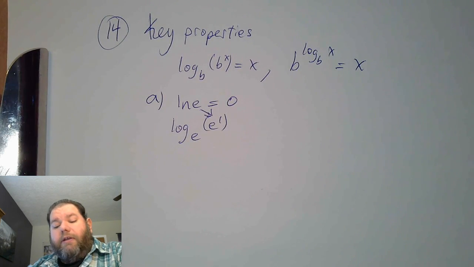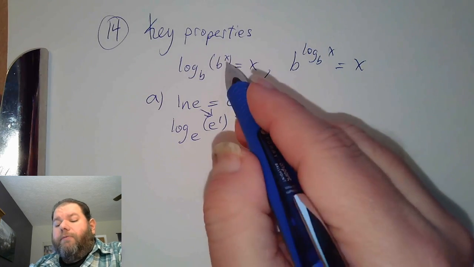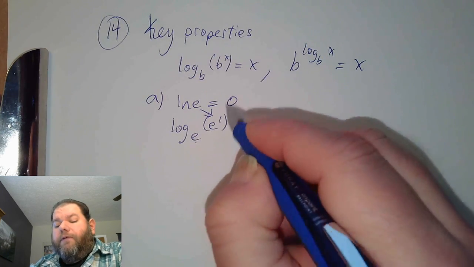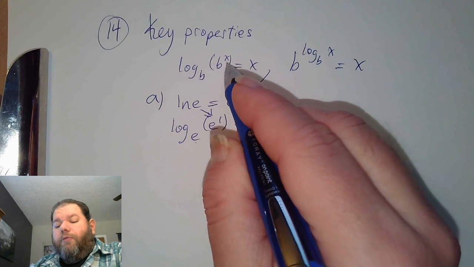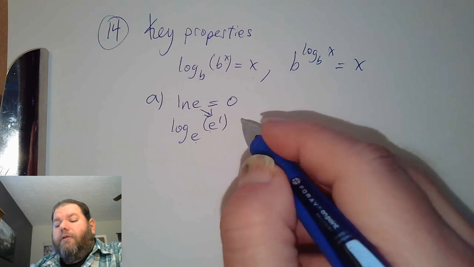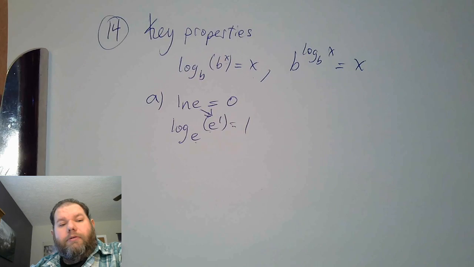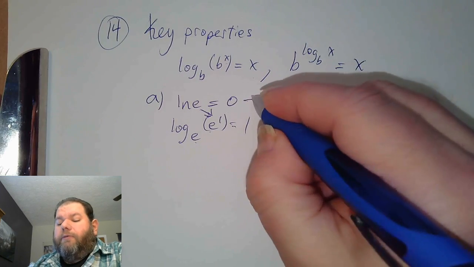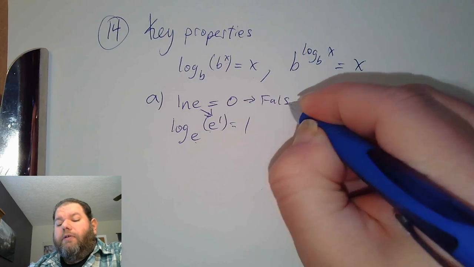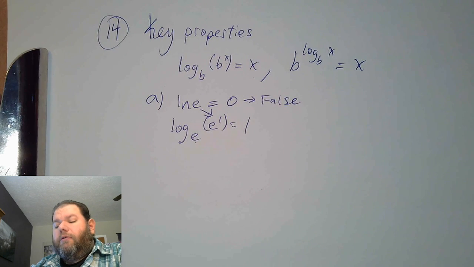Whenever we see e, that's e to the first. So according to this property, log base e of e to the first is equal to whatever is in the exponent, which is 1. So this one is false.